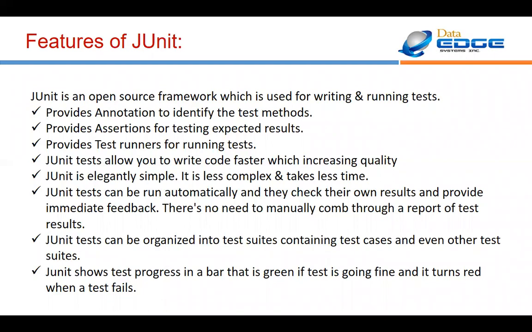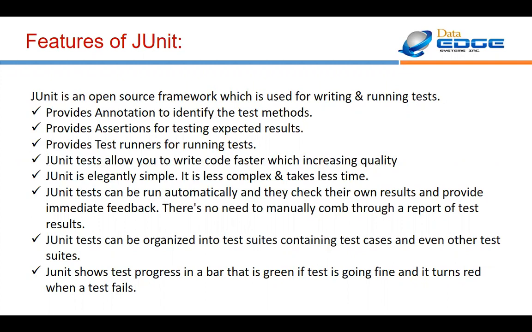I will show some examples of JUnit and some examples of annotations. Annotations in Java are present from Java JDK 1.5. Before 1.5, there was no annotation concept, but now we have the concept of annotations.